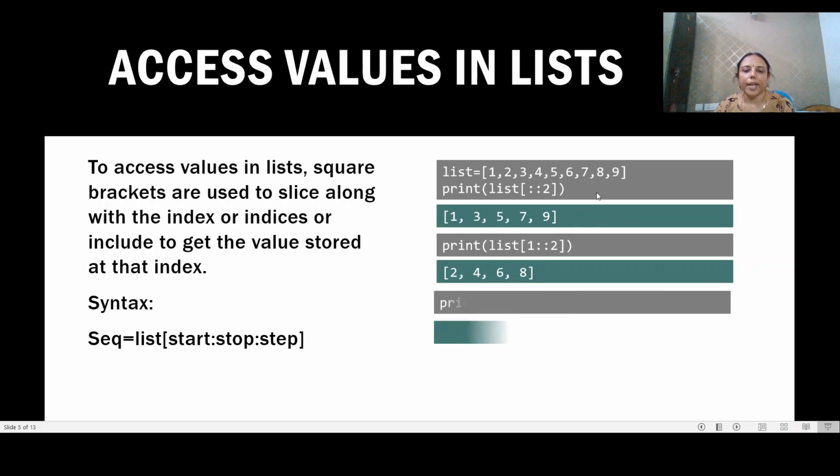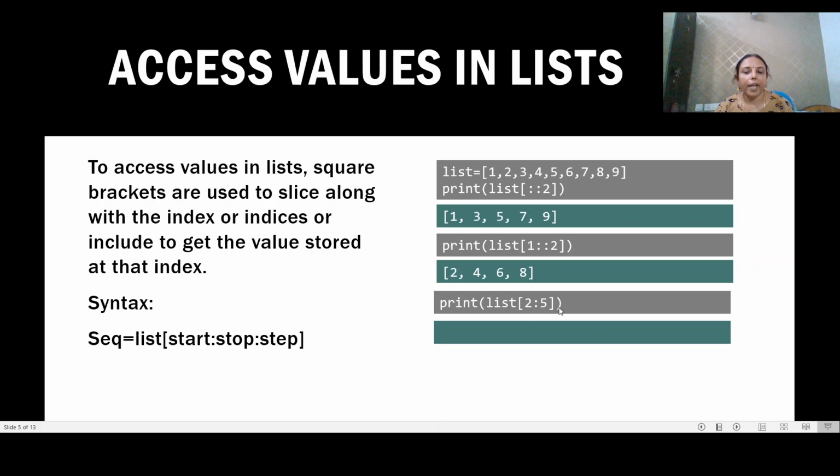Next, print list of 2 colon 5. Now look here, we have a start and the stop, but there is no step, which means we proceed with a single step, that is, next to next elements. 2 to 5 means indexes 0, 1, 2, so index 2 is referring to 3. Then 3, 4, 5.